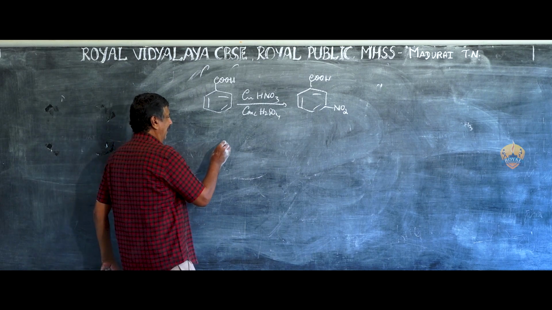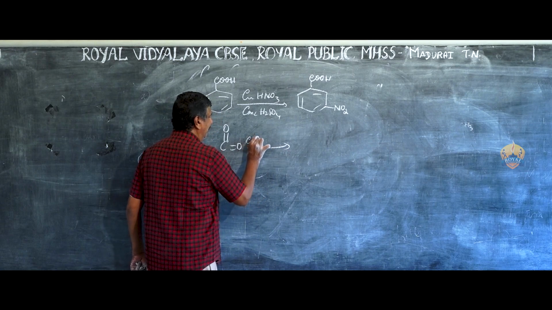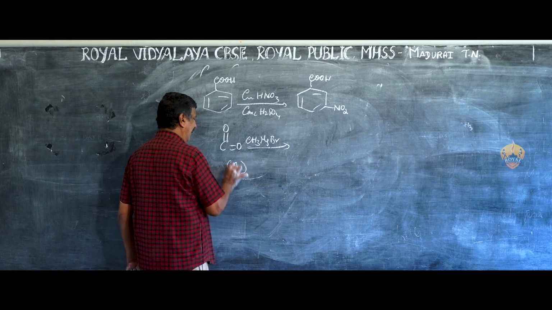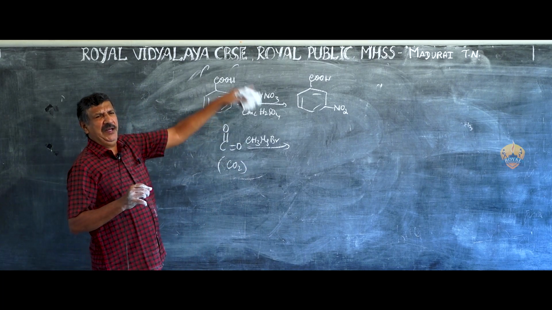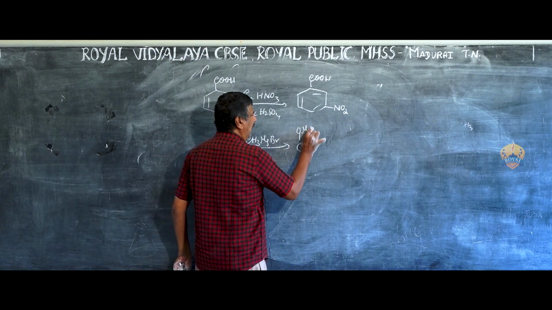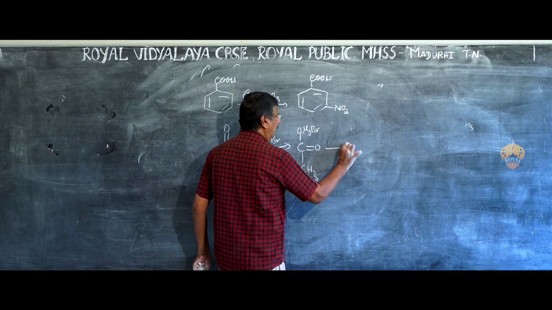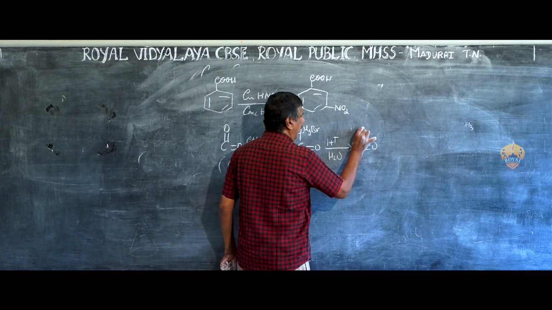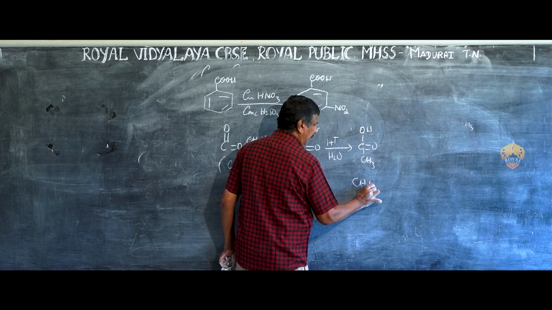Okay, last one. Carbon dioxide with Grignard reagent. I already mentioned this in the common reactions. Finally, this also reaches the acid by hydrolysis, like this, acetic acid.